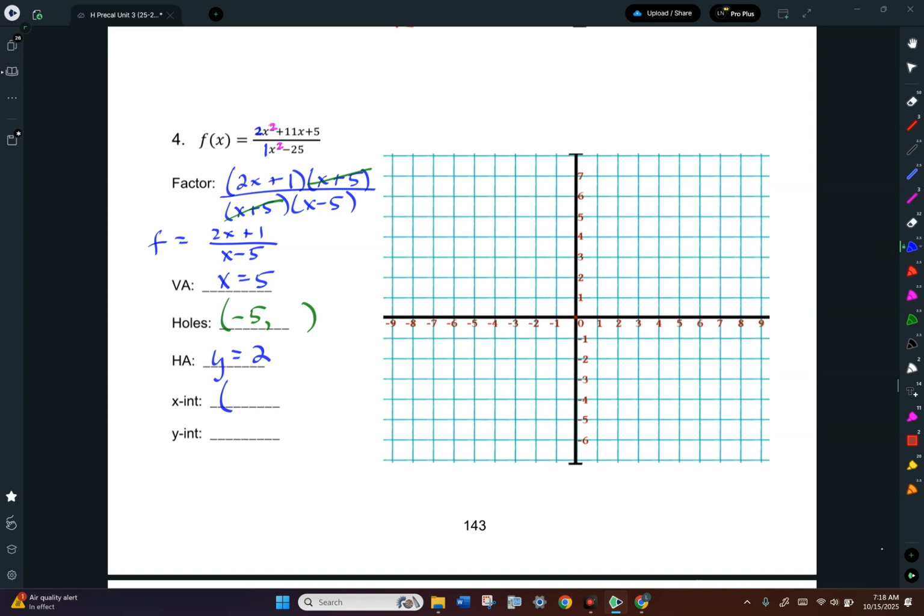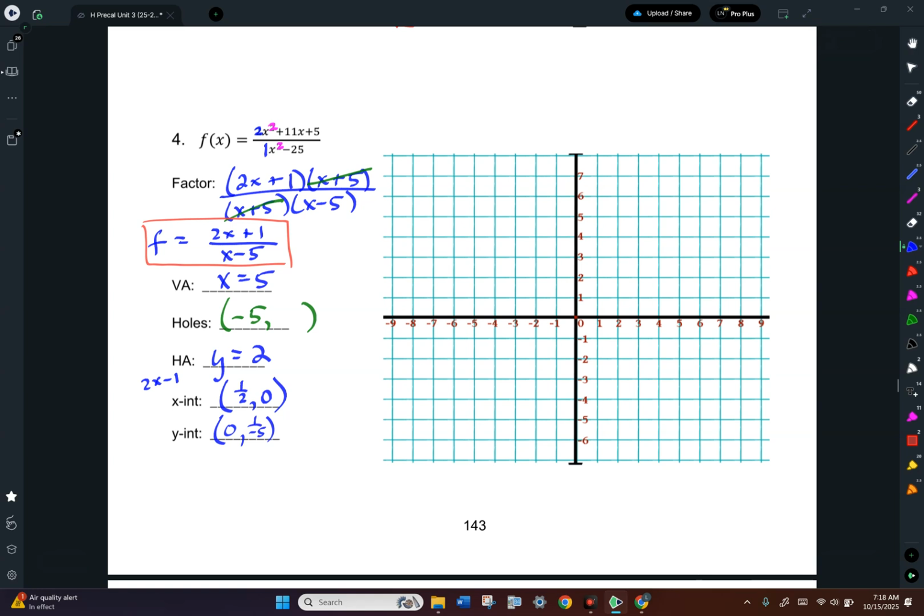So the numerator was 2x minus 1. What's going to make that equal 0 is if x is 1/2. And then for the y-intercept, I know that the x-coordinate is 0. So if I plug a 0 into the simplified version of the equation, I'm going to have 1 over -5.